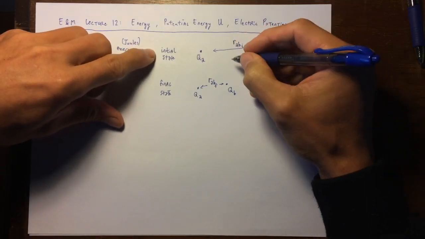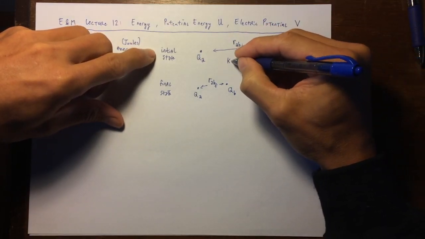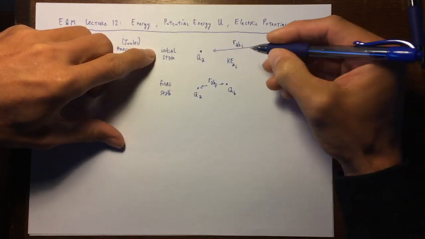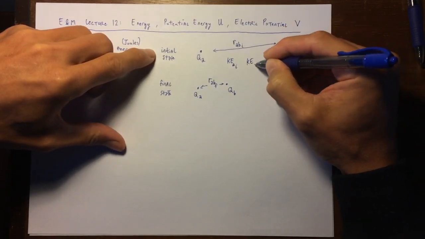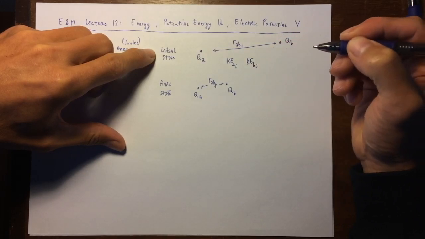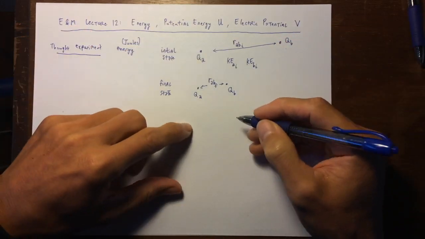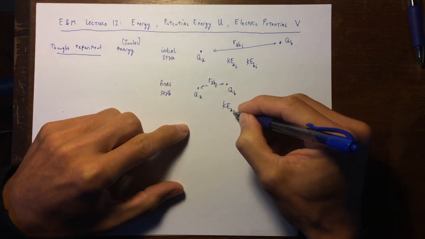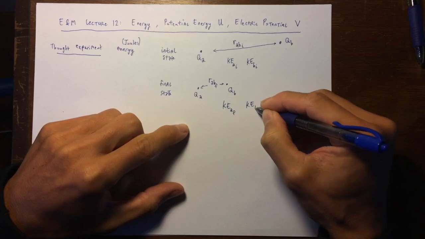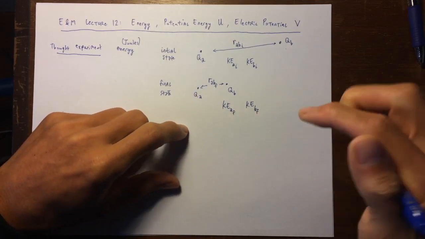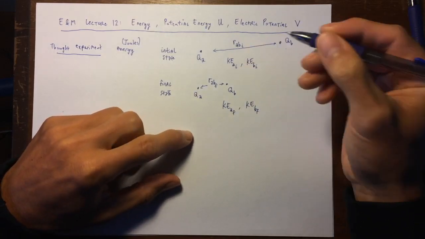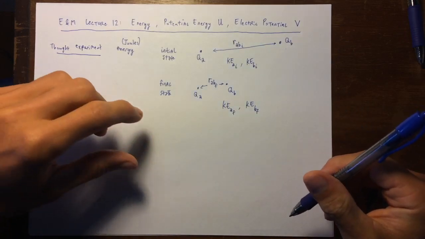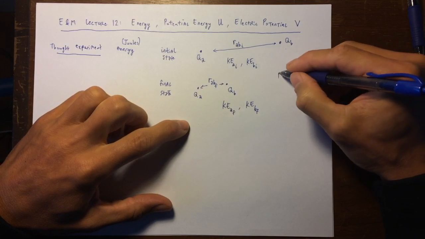In the initial state, we could have had a kinetic energy of charge A initial and a kinetic energy of charge B initial. And in the final state, there is also the case of kinetic energy A having some final value and the kinetic energy of B having some final value. So we can talk about kinetic energies. But just like in gravity, there is a potential energy.